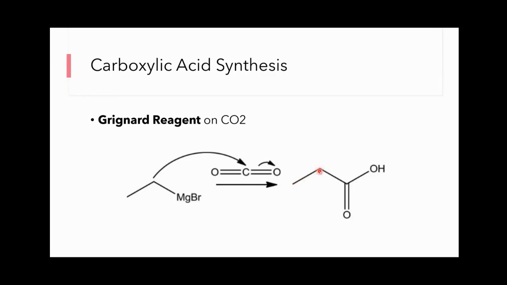Here, it's an ethyl, and then just attach an MgBr and react it with CO2, and it'll give us a carboxylic acid. However, if you have a molecule that has a ketone in it, it will also react with that. So this Grignard will react with any C double bonded oxygen.